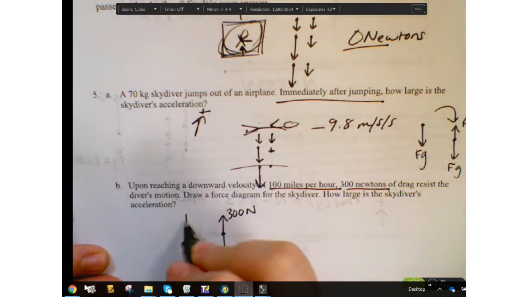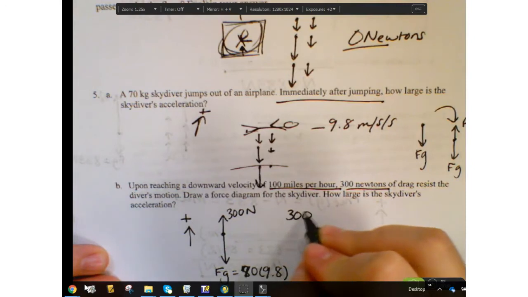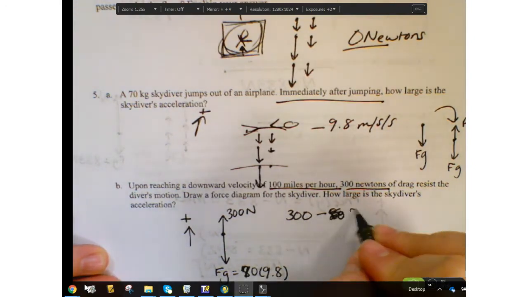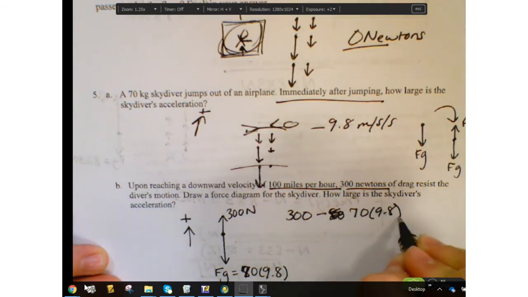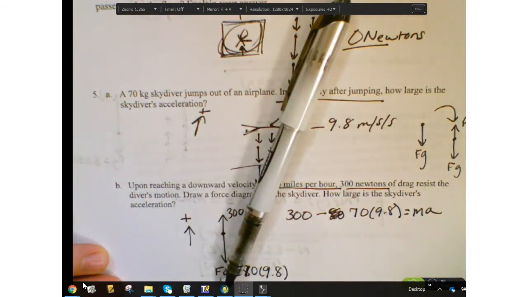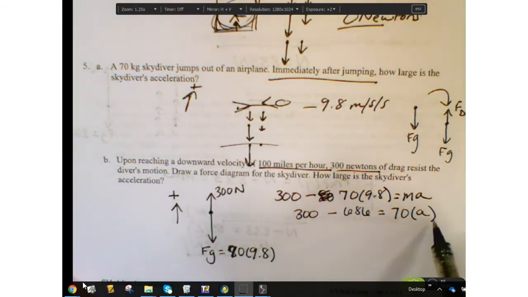So I want to continue with the sign convention that up is positive. I want to say 300 minus 70 times 9.8 equals our net force, which is mass times acceleration. Okay, so 300 is the drag, minus 686 equals 70 times a.